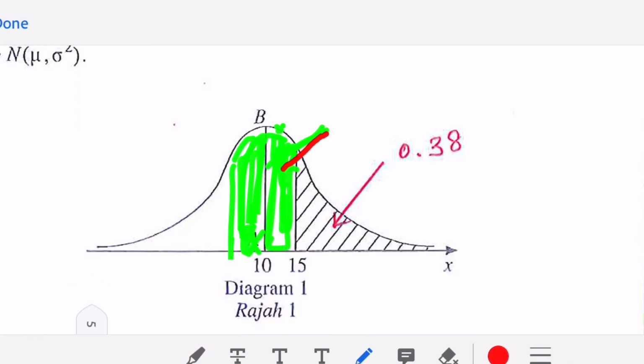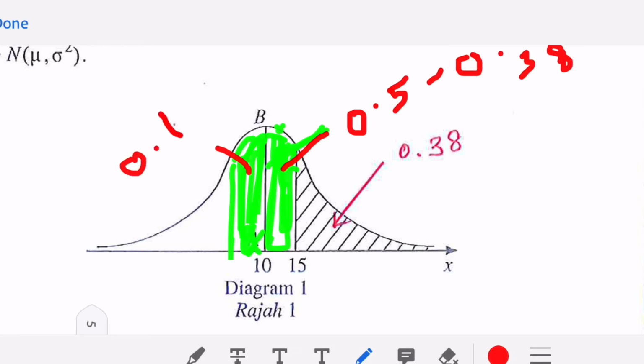And how you get 0.12 is you take half of the bell shape minus 0.38. So 0.5 minus 0.38, you get 0.12, which is the area for one part of the green area. You have two parts of the green area, so you just double it: 0.12 plus 0.12, you get 0.24.